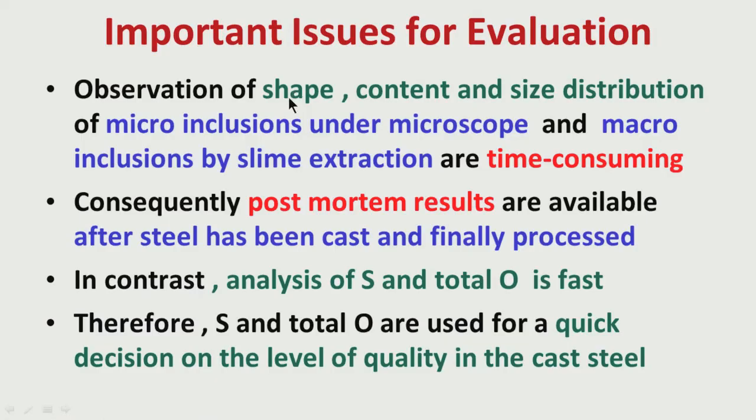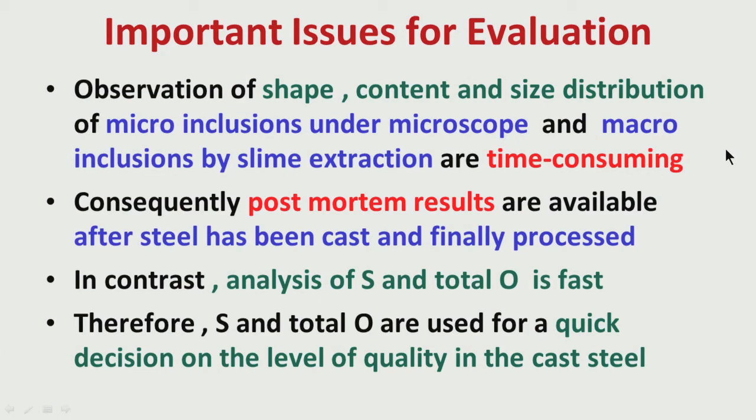So, what is important is to identify the shape also, along with the content, that means the volume fraction, the size distribution, and the numbers for particular sizes of micro inclusions under the microscope, or macro inclusions by slime extraction. But we have to keep in mind that these evaluations are very, very time consuming. What do I mean?